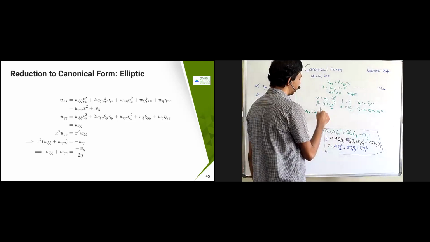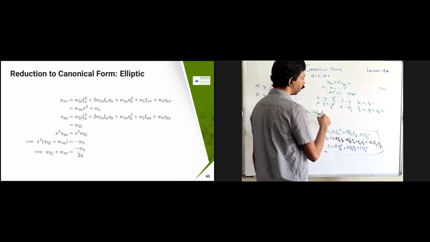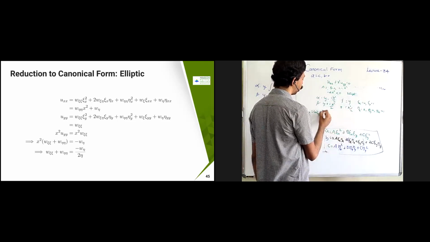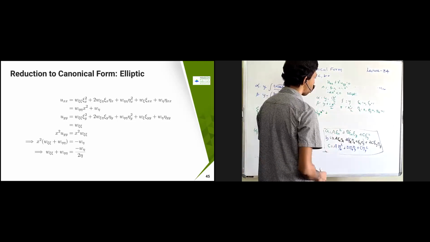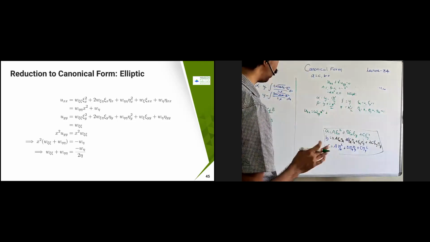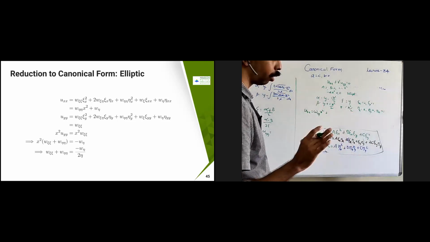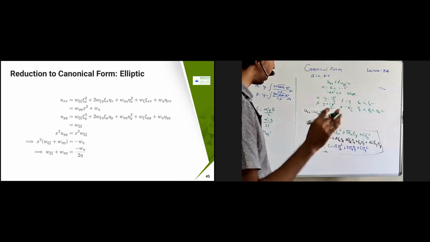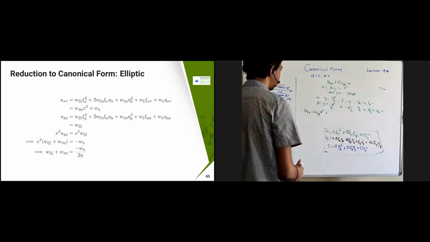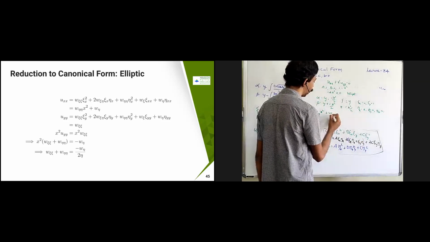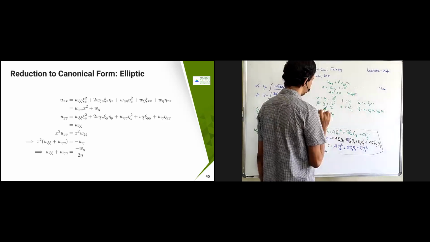W eta x square is there. Eta x square is x, therefore x square is going to come plus w chi into chi x is there, that is 0. Then w eta into eta xx is there. Eta xx is already there, therefore you are going to get w eta into 1. Okay, w eta is computed.